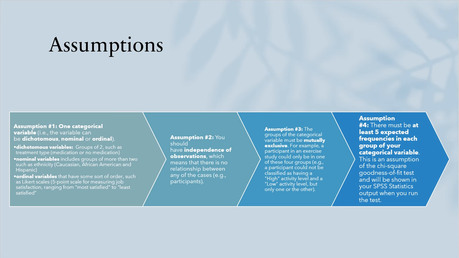Another assumption is that you have independence of observations, and that means there's no relationship between any of your cases. Assumption number 3 is that the groups in our categorical variable are mutually exclusive. In other words, a participant couldn't be in more than one category.